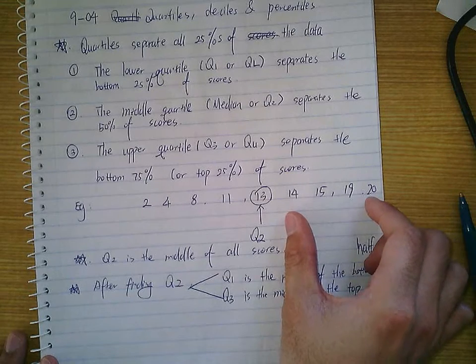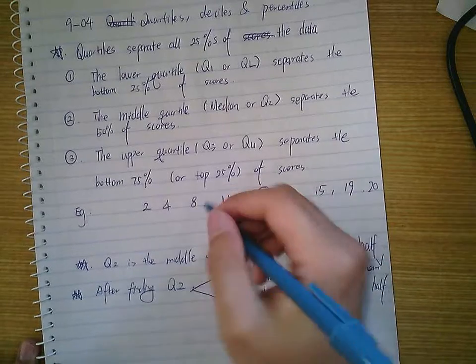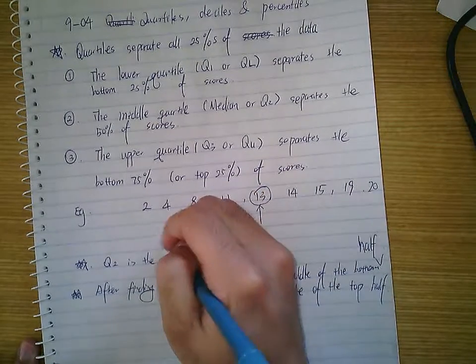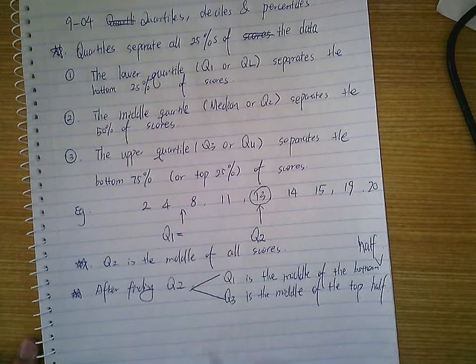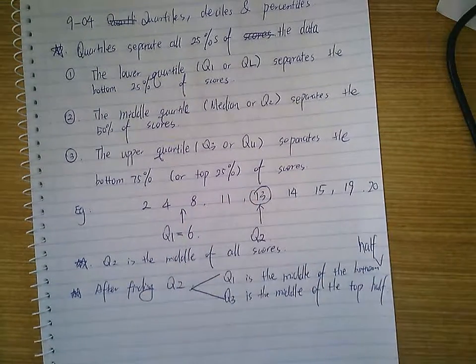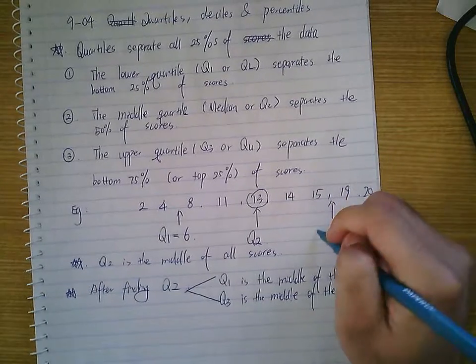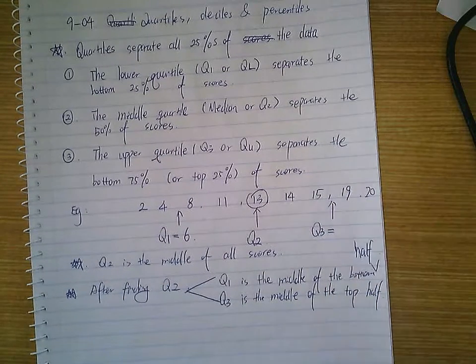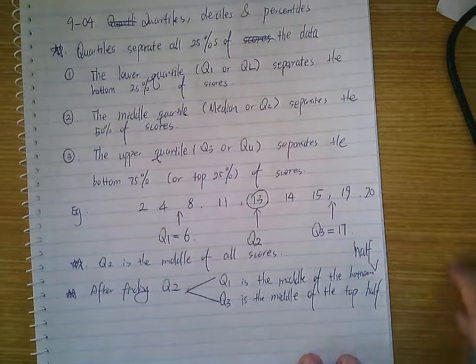After getting Q2, this is Q1, which is the average of 4 and 8, which gives you 6. In other words, you're finding the median again of the bottom half, and Q3 would be the median of the top half. So therefore it is 17.